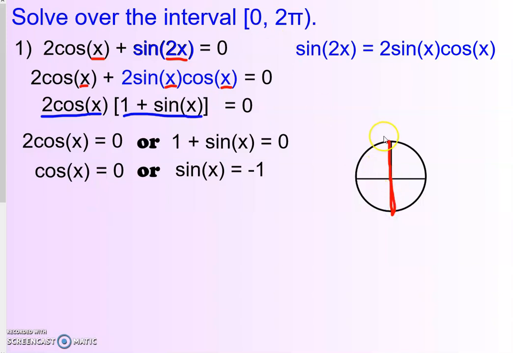So we end up with 2 answers. We end up with x equals pi halves or 3 halves pi. And since we're solving over the interval 0 to 2 pi, we're done. And this was all made possible by using a substitution here when we needed to use the substitution.